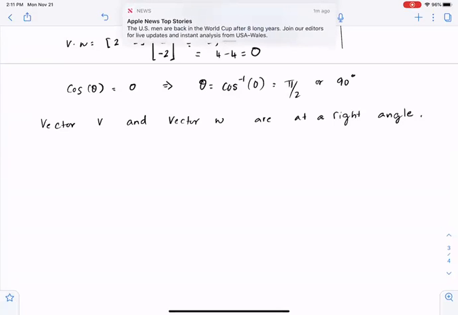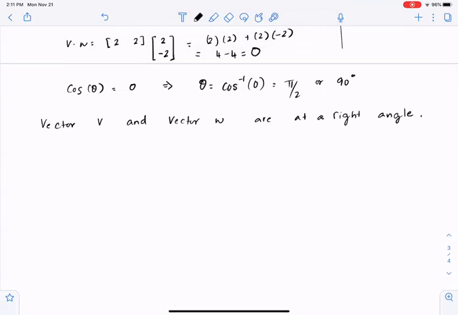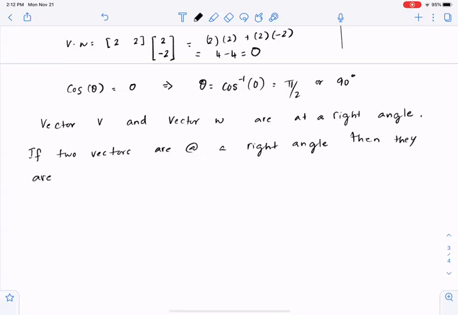If two vectors are at a right angle, then they are called orthogonal vectors.